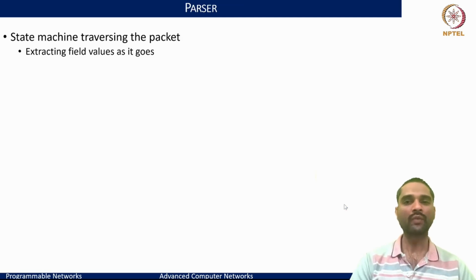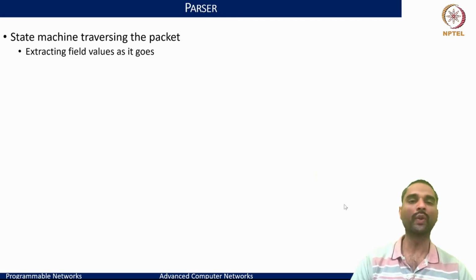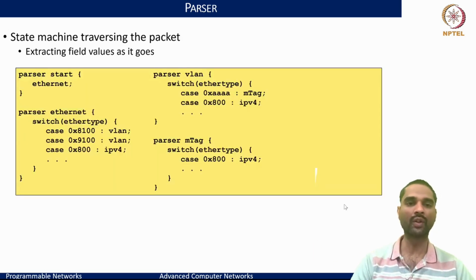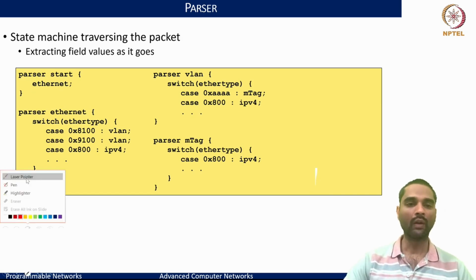And next we would want to write a parser for such a header, where we want to extract the field values as the packet progresses. So parser start for the Ethernet would extract the Ethernet header and say what to do. The first thing, as a packet comes, it would enter the parser start and take Ethernet as the next entry to parse.